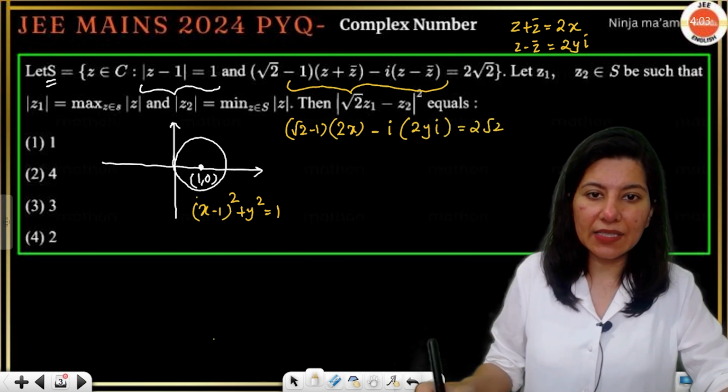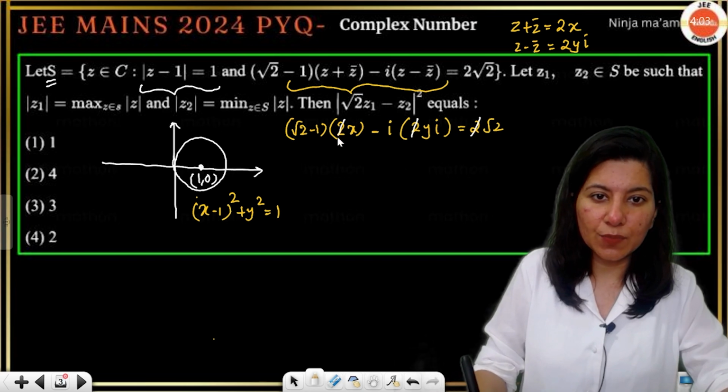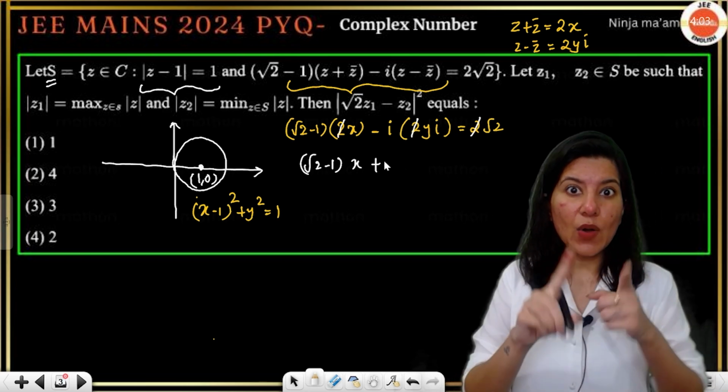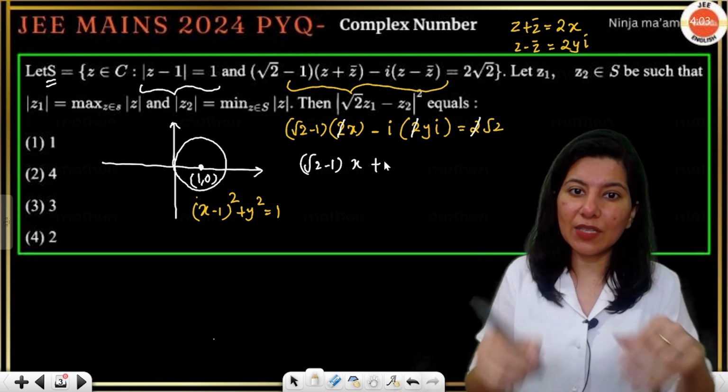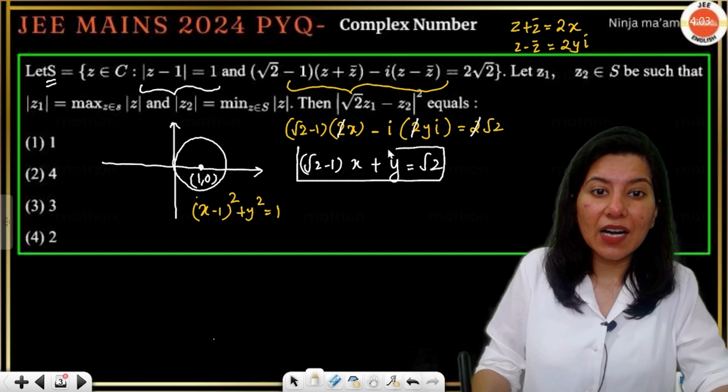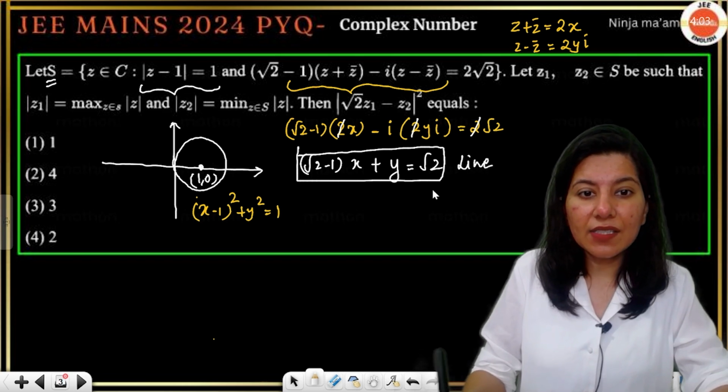I'm cancelling 2, 2, 2. So this is (root 2 minus 1)x plus, now iota square is what? Minus 1. So that's why a plus sign is here. So this is your line. A line is there and a circle is there.